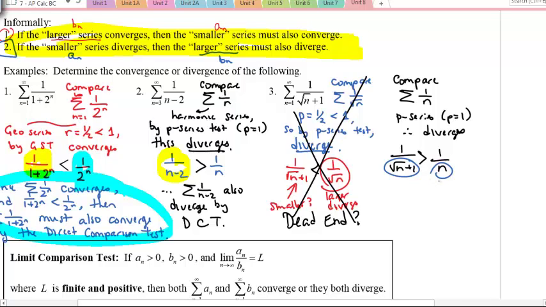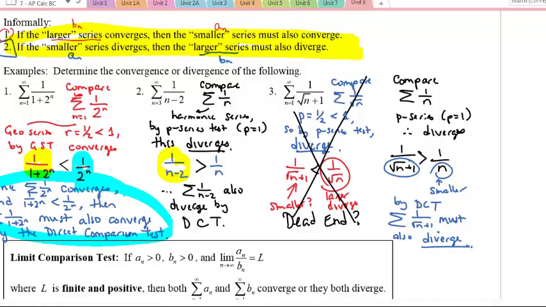Since now this is the smaller series, and it diverges, then by the direct comparison test, I know that the larger series must also diverge. Okay, there you have it. The direct comparison test done.